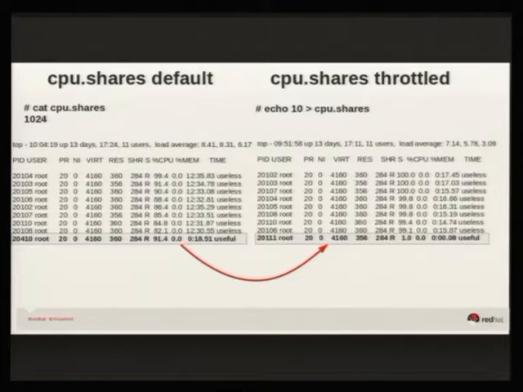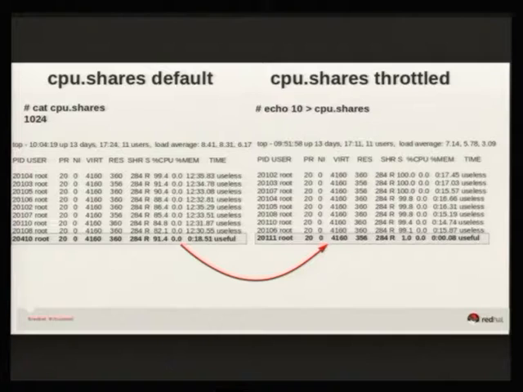So 10 divided by 1024 is about 1%. As long as nobody else is using the CPUs on the system, it will throttle this to 1%. I wrote this program called useless, and all it did is a while one. And I ran like 99 copies of it.